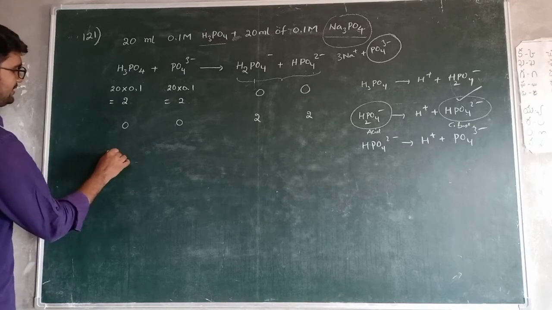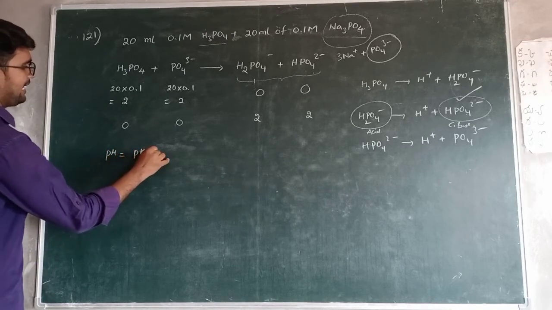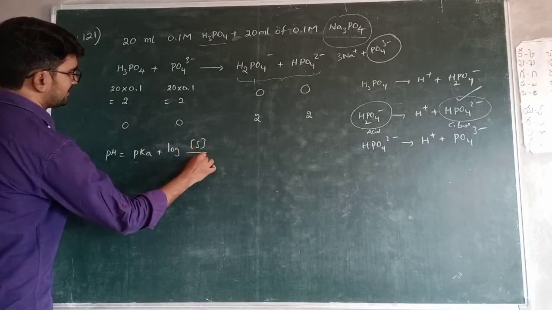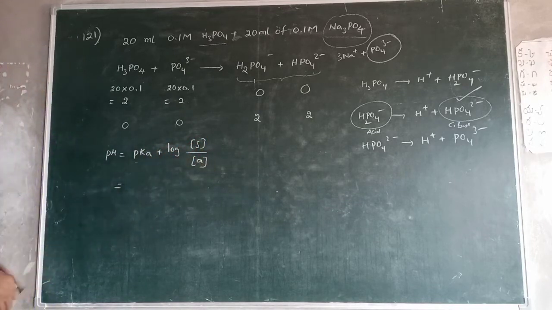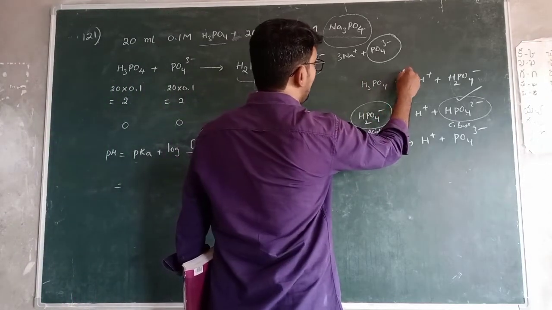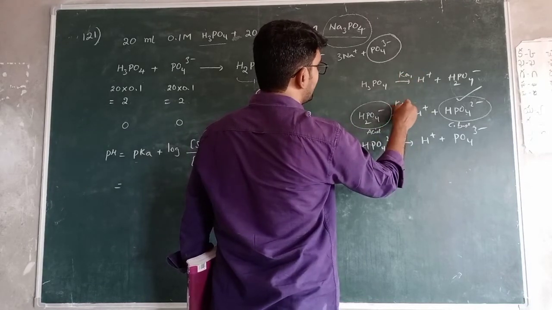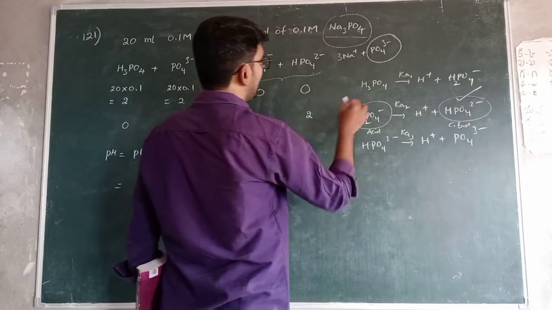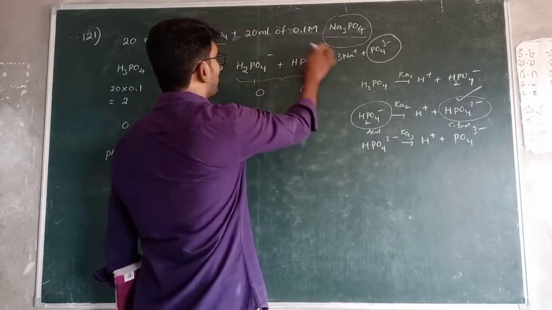So pH is equal to pKa plus log concentration of salt by concentration of acid. The pKa value, of course, is not mentioned here. But from these reactions, this one is Ka1, this is Ka2, this is Ka3. So which reaction are these two products present in?